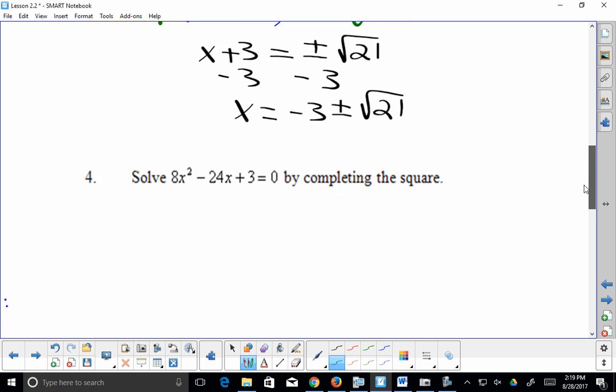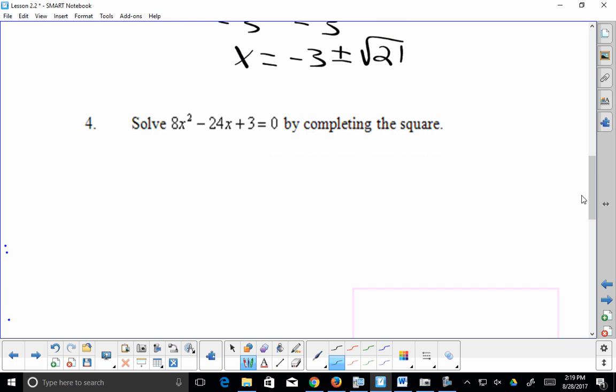Right. So you've got this one, 8x squared minus 24x plus 3 equals 0. And we want to solve this by completing the square. So you can do one of two things first. Which one should I do first? Okay, so we'll move the 3.